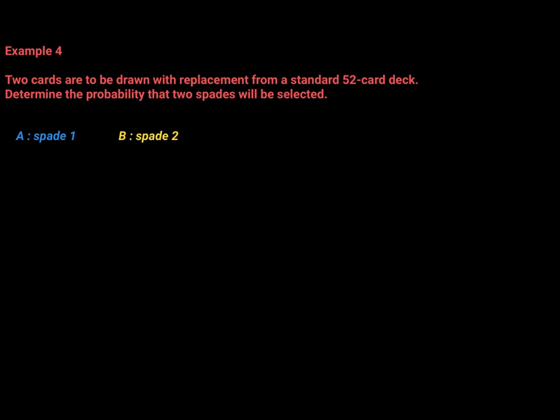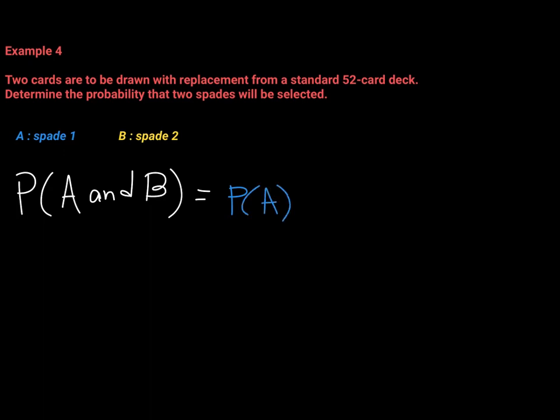All right, so let's figure out the formula here. P of A and B is equal to P of A times P of B. Now, what is the probability that the very first card that we choose is a spade?